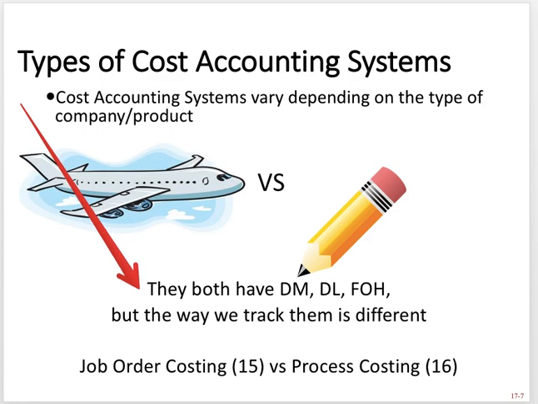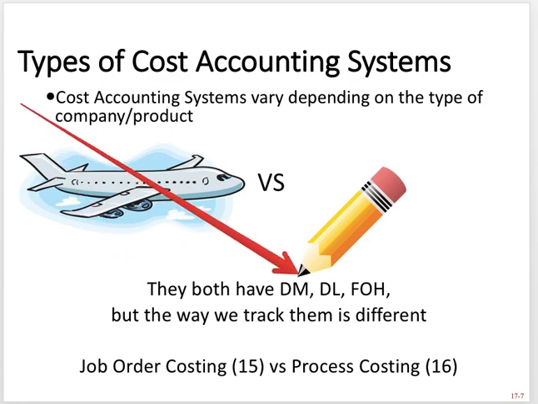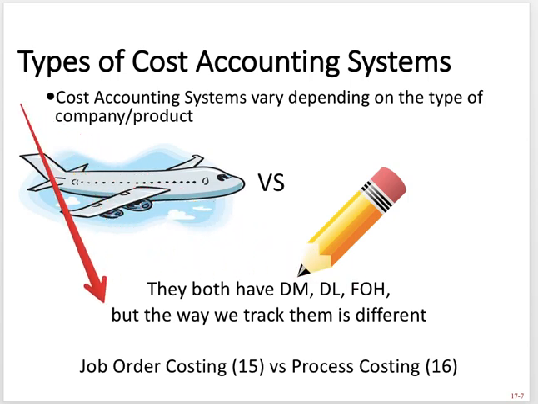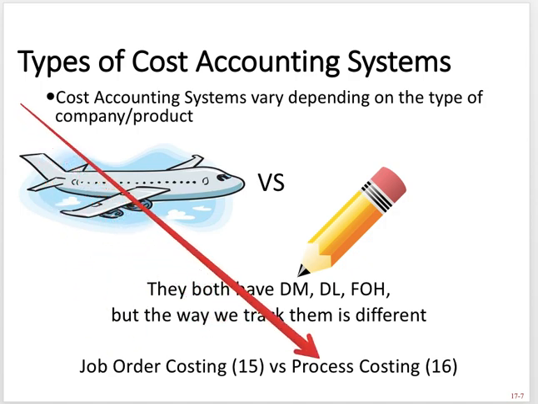Now, they're similar in that they both have those three elements of cost: direct materials, direct labor, and factory overhead. But the way that we track those costs for each of those products is different because the production process is so different. So there are two main types of cost accounting systems: job order costing that we're going to learn about in this chapter, Chapter 15, and process costing that we're going to learn about next chapter, in Chapter 16.